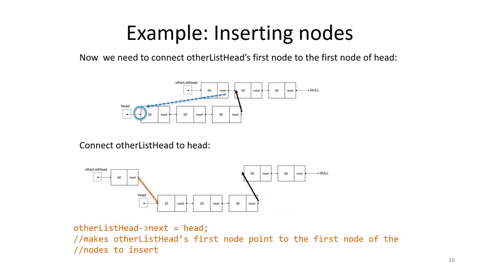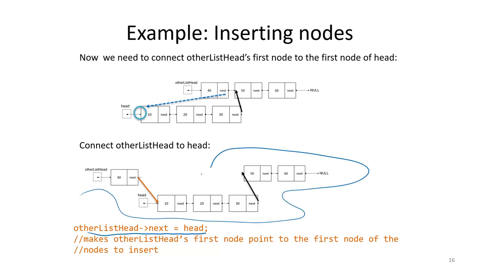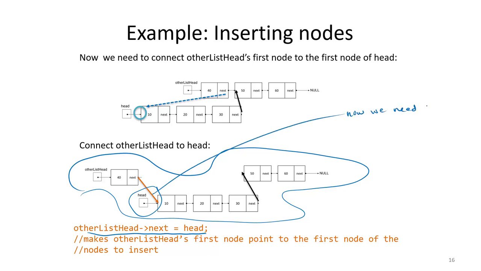So just to summarize, by writing that code, other list head arrow next points to head, that allowed us to successfully complete the insertion. Now we just need to update head, because we want to make sure that our head pointer always points at the very first node.